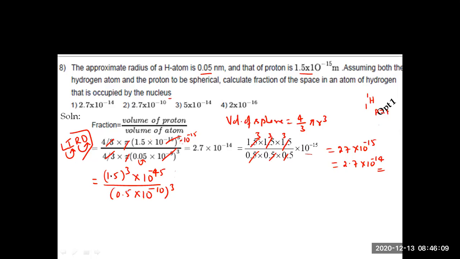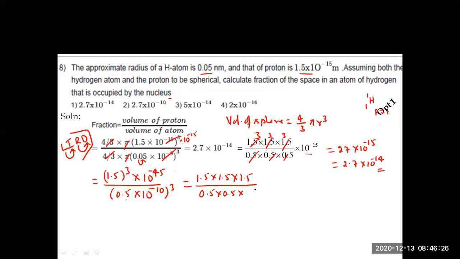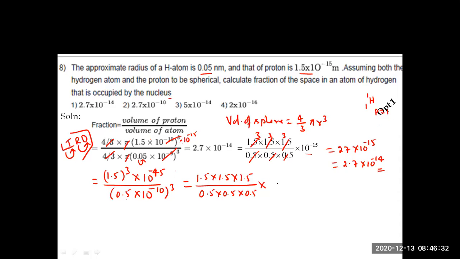So then apply the power again. It becomes 1.5 whole cube, which can be written as 1.5 into 1.5 into 1.5, divided by 0.5 whole cube, which can be written as 0.5 into 0.5 into 0.5. And this apply the power. It becomes 10 raised to minus 30, right? 10 raised to minus 45 divided by 10 raised to minus 30.